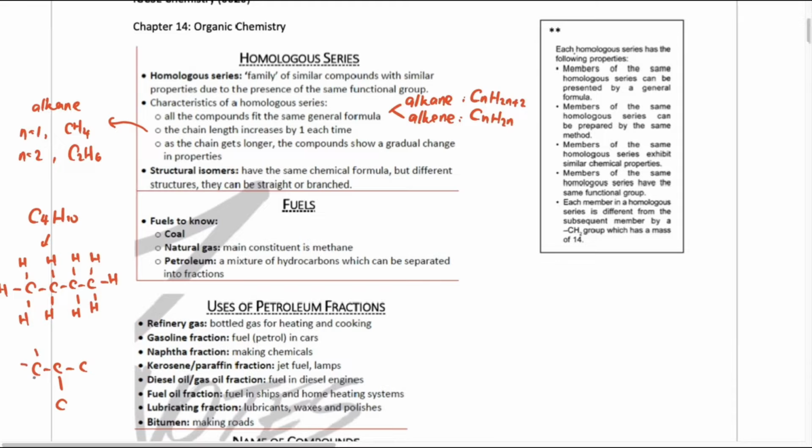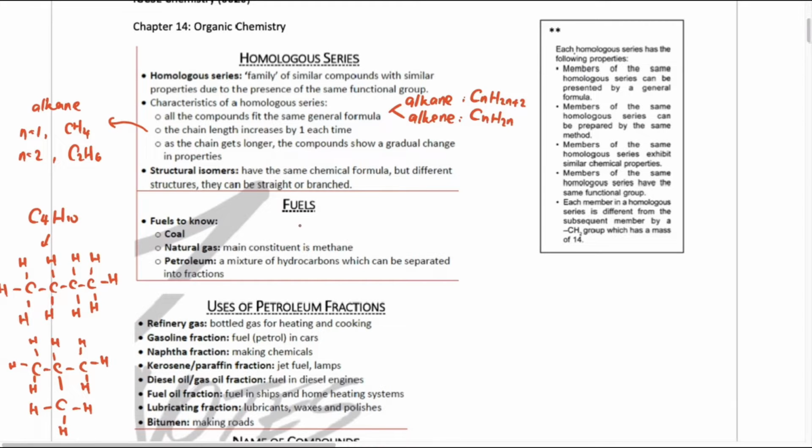So 1, 2, 3, 4. Try to see that the number of covalent bonds for carbon is always 4. So this is an example of structural formula where C4H10 can show a straight chain of 4 carbons, or a straight chain of 3 carbons followed by 1 carbon at the side branch. So that is structural isomers.